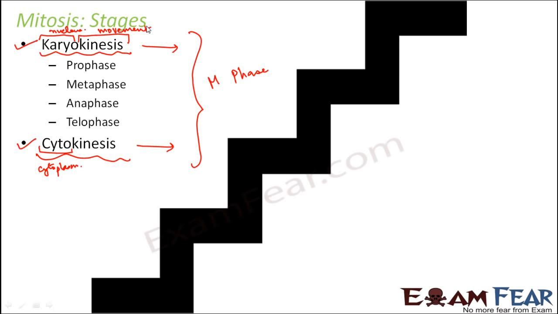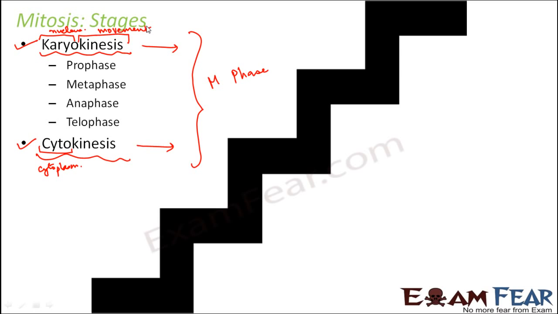So karyokinesis is nucleus movement. What does that mean? It means division of the nucleus. So when the nucleus of the parent cell divides, that is called karyokinesis. And when the cytoplasm of the parent cell divides, then it is called cytokinesis. Now these two together constitute the mitotic phase of the cell cycle.